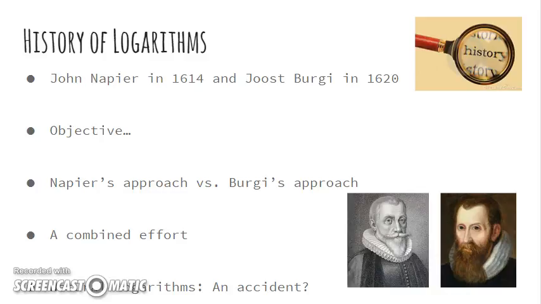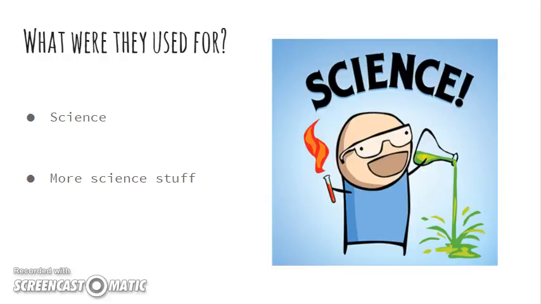Natural logarithms are a little different from original logarithms that Napier invented, but natural logarithms, which are the logarithms we have today, accidentally arose from his original thoughts, which is why we owe it to Napier for the invention of logarithms. So what were they used for? Science.